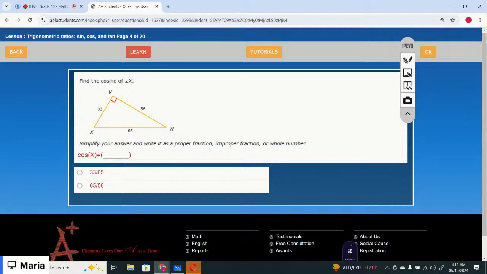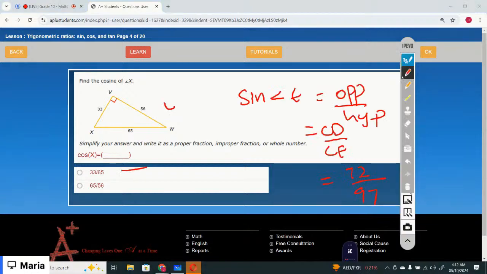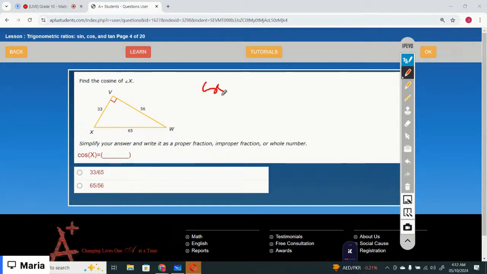The next one is find the cosine of angle x. So cos of angle x is, here is angle x, adjacent divided by hypotenuse.